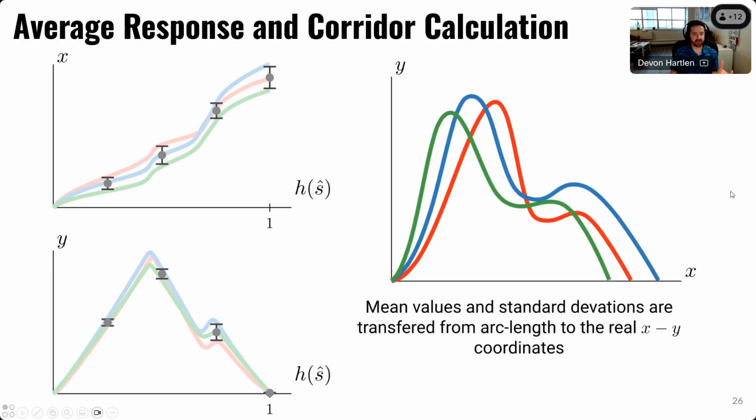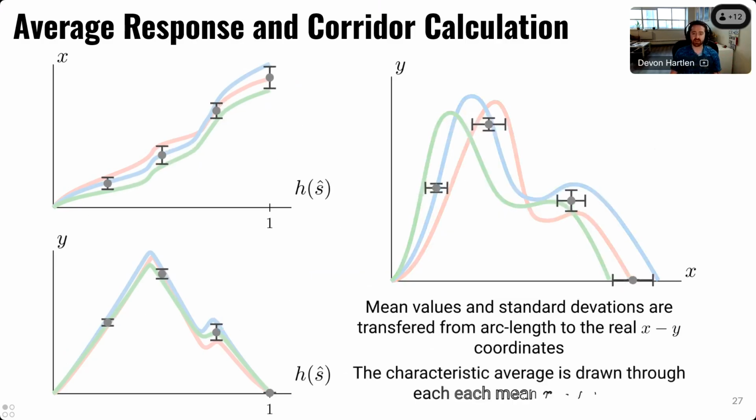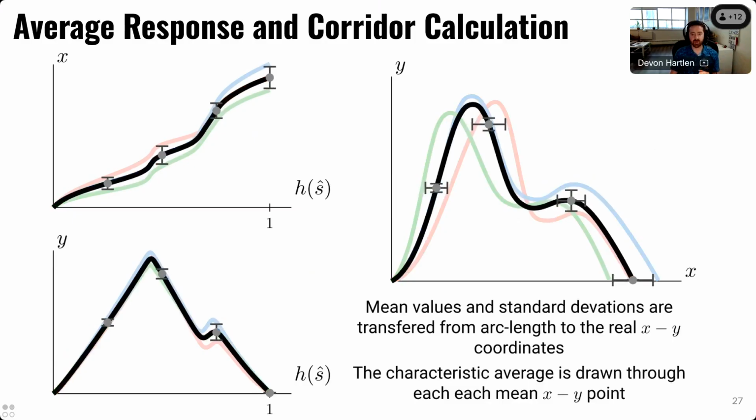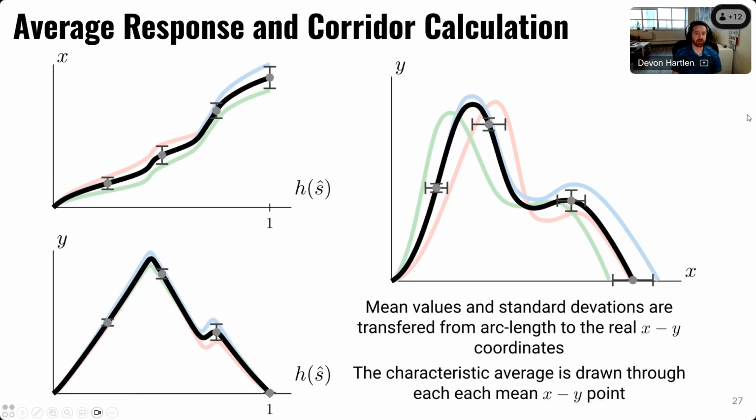We can take these dots and error bars and transfer them into the XY space for every normalized arc length. From here, our average response is drawn through each point in the XY curve, because it's important to notice that while I have 4 points shown here, there may actually be hundreds of points in my reparameterized signal. So we're able to get a smooth curve out.